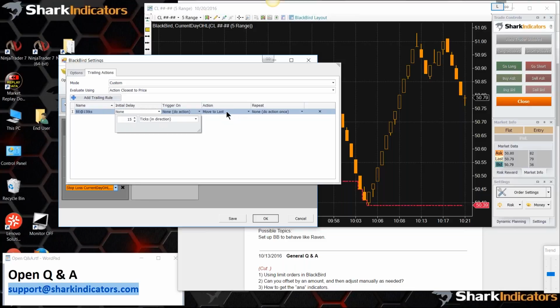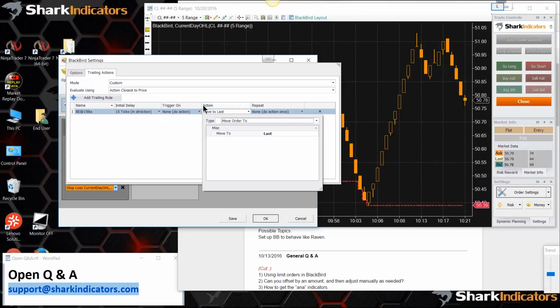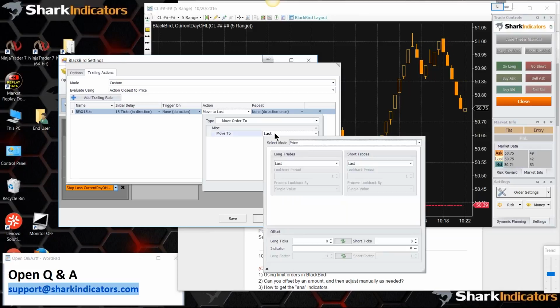And then once that happens, we need to move our stop loss somewhere. So we're going to go to actions, because the action column is what actually moves the order. That's what's going to move our stop loss. And we have to tell BlackBird where to move it. We don't want to move it to the last price, because that'll stop you out instantly.